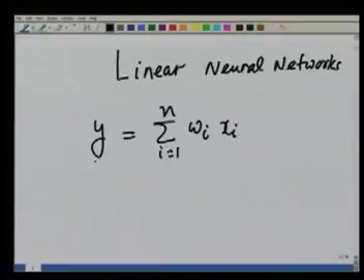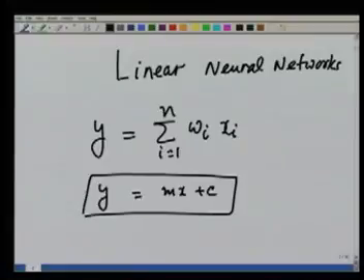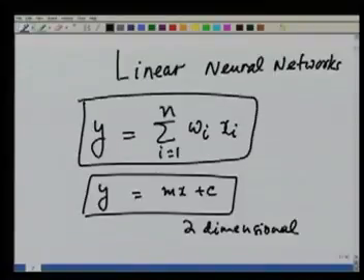That is, my y has a linear relationship with the weights, just like if I write y equal to mx plus c in a two dimensional plane, this is a linear equation. Similarly, this is an equation where the input space is n dimensional and the output is one more. So, this is an equation in an n plus 1 dimensional plane.